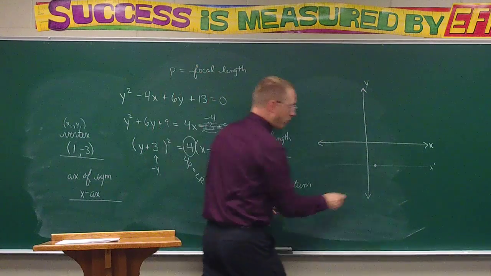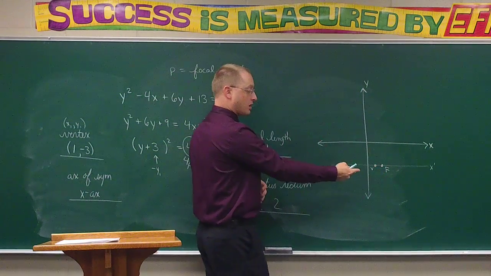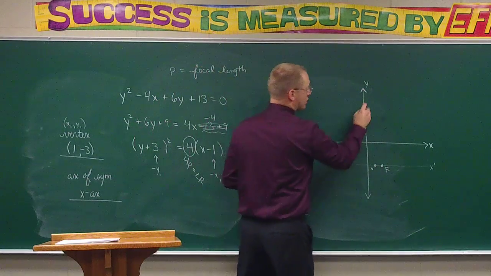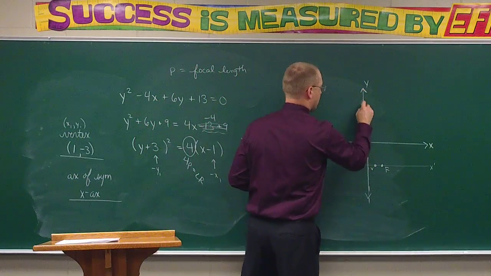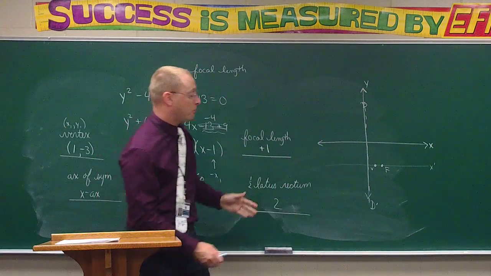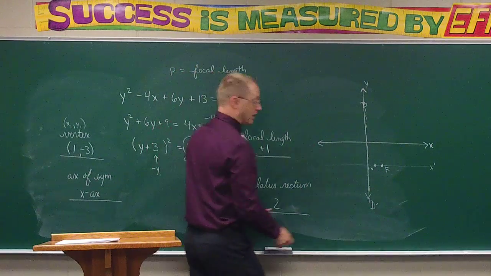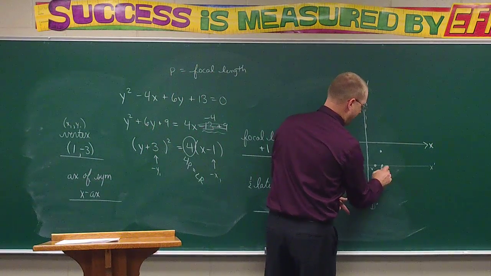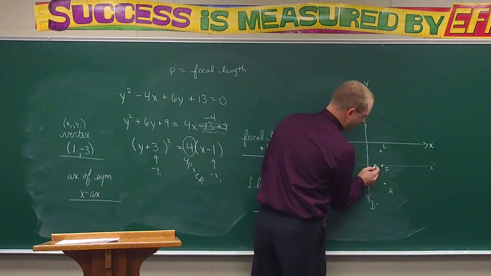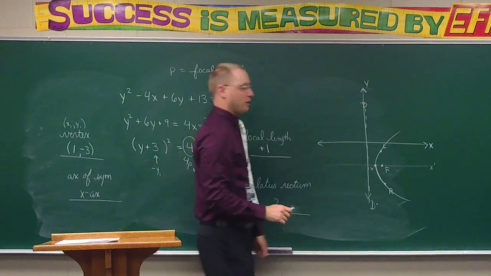So forward 1 to the focus. And by the way, if from the vertex you go forward 1 to the focus, you have to go backward 1 to the line that helps to define the parabola called the directrix. And then parallel to the directrix, perpendicular to this axis of symmetry, we have the latus rectum, which is 2 each direction. So we're going to go up 2 and down 2 to the end points of the latus rectum. And remember, we're going to go through the latus rectum and there's our parabola.